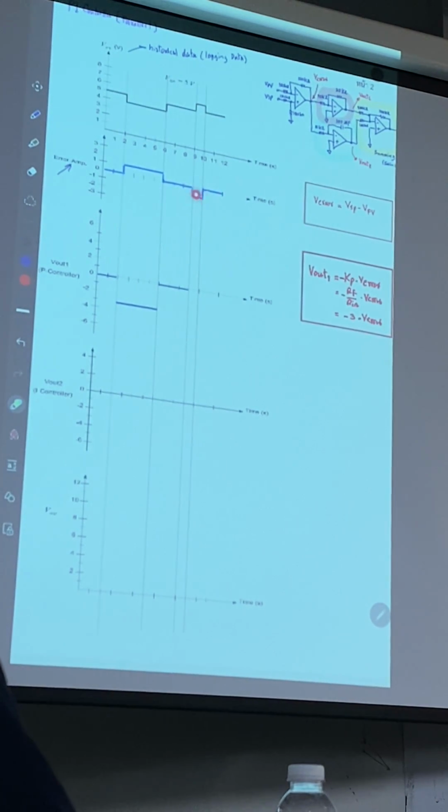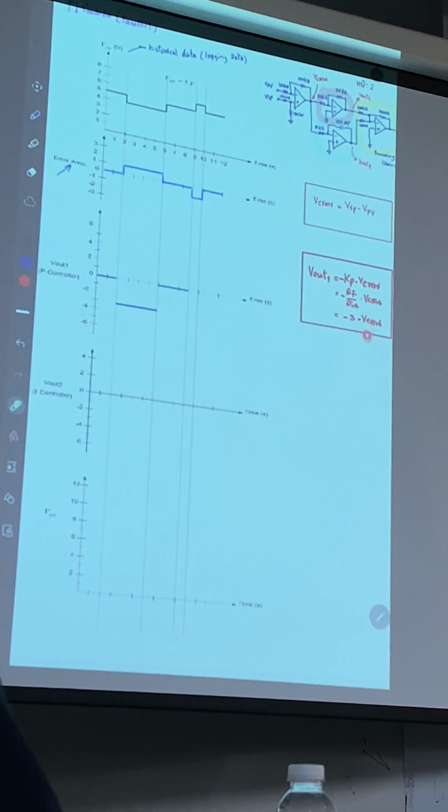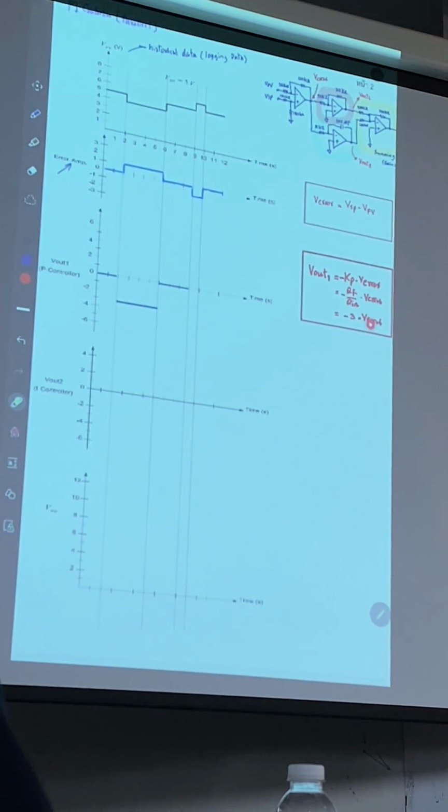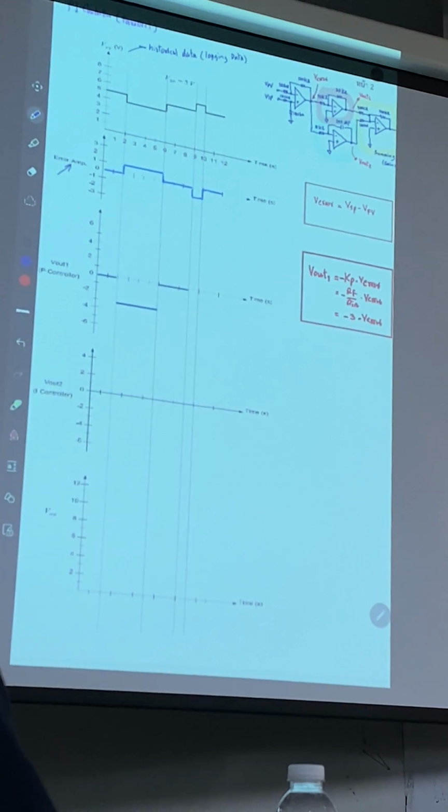And in this 1 second interval here, you have minus 1 of the error. So substitute this one, minus 1 times minus 3, you will have plus 3. Plus 3 is over here.